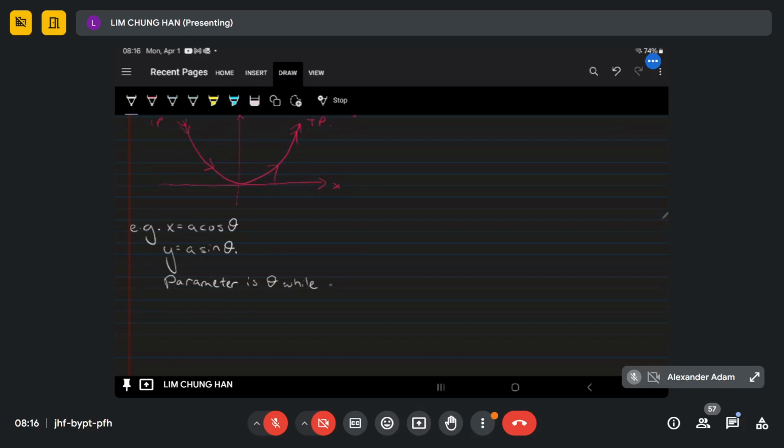While a can be any positive number. Let's say the interval goes from 0 to pi.